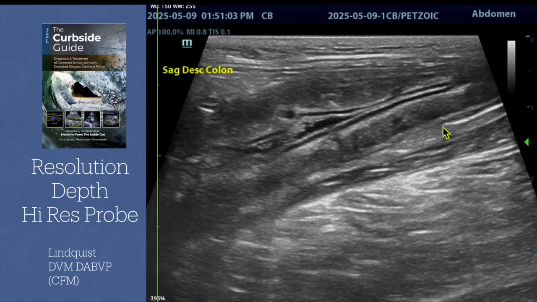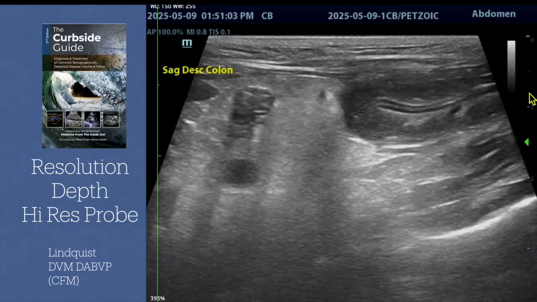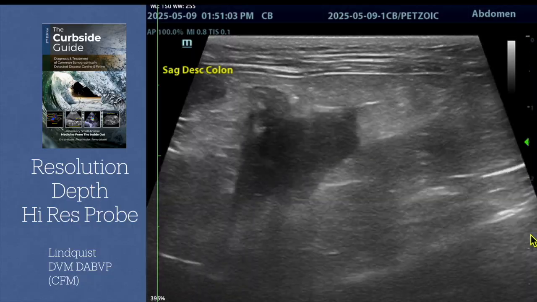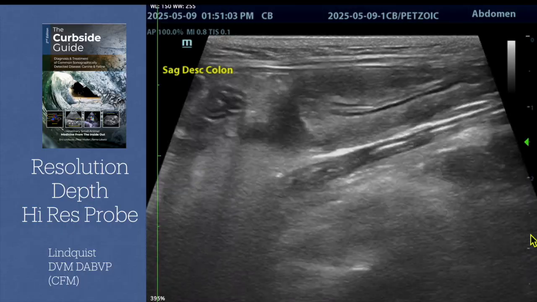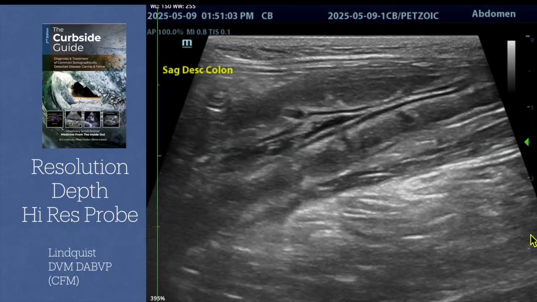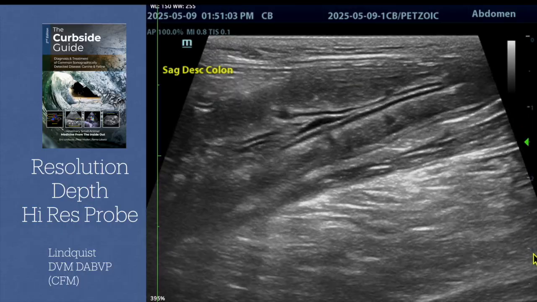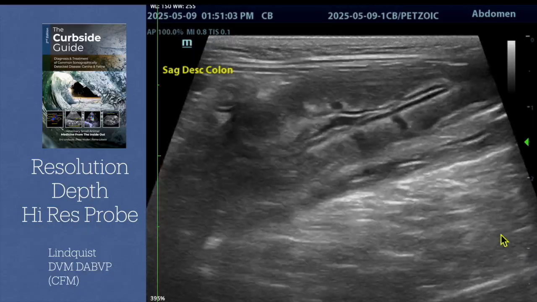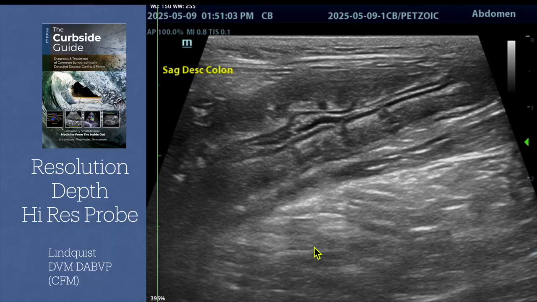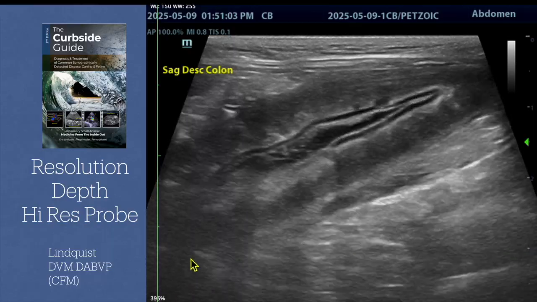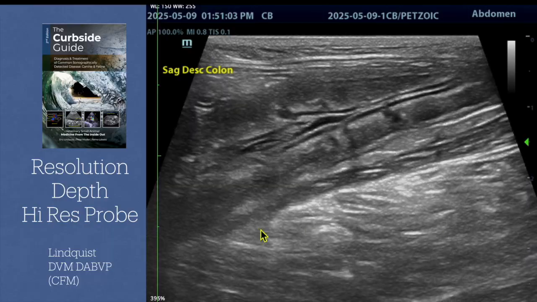Okay, so if you take a look at that now, what's the resolution depth? Well, it's high frequency, so your depth of resolution is not going to be very deep. High frequency probes, the linear probes, are made to have high resolution in a superficial field. So I would say 2 centimeters, nice and solid. 3 centimeters, there's just fat down here. This looks fairly diagnostic.